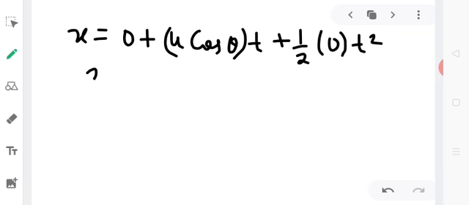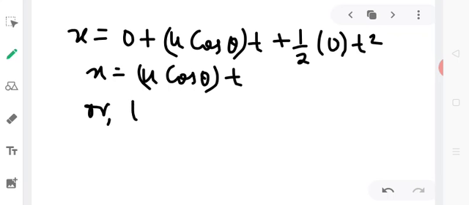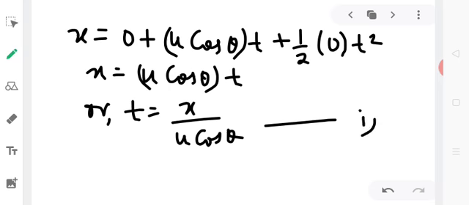So that leaves us with x equal to u cos of theta into t. So in this case you get t equal to x by u cos of theta. Let us mark it as equation 1. Now we shall consider the motion along the vertical direction.